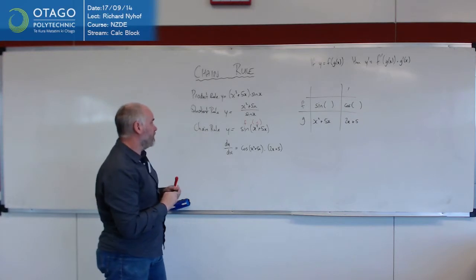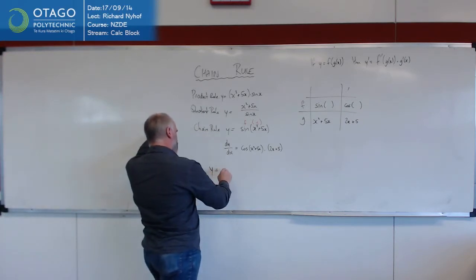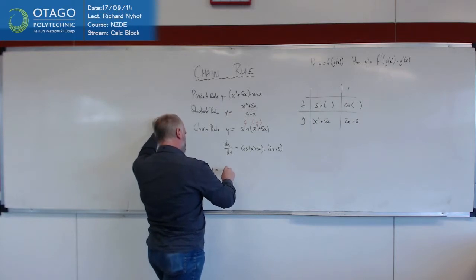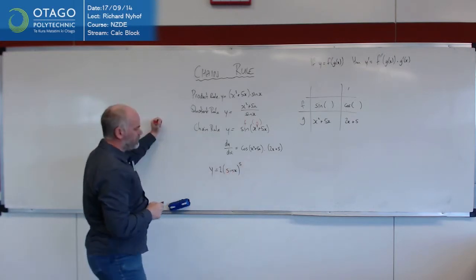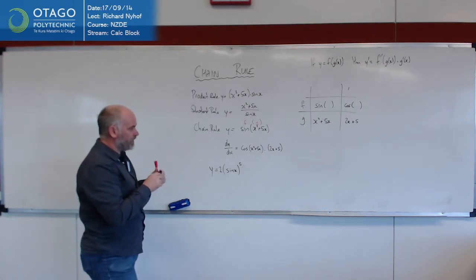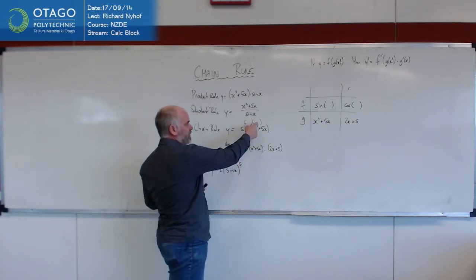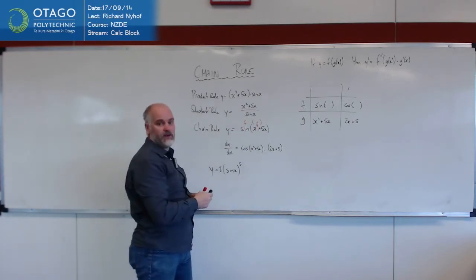So let's have a go at another one. Let's try y equals 2 lots of sine x, all to the power of 5. We've got to say what's on the inside and what's on the outside. Remember, the inside is g and the outside is f.